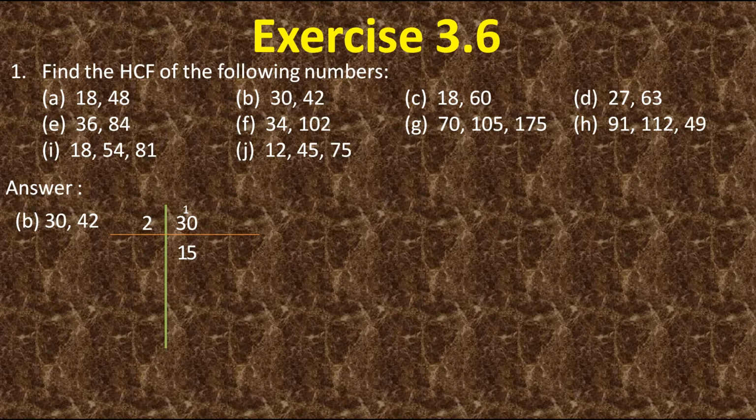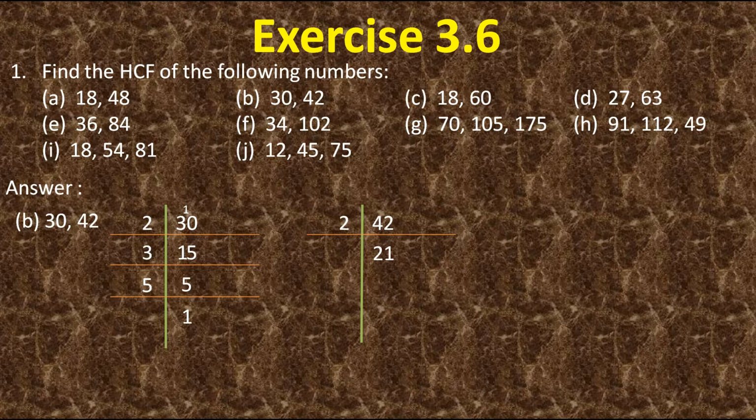Yeah, we can divide it. Therefore 3 5s are 15. Now the next prime number is 5 only. Therefore 5 1s are 5. Okay, now let's find the prime factorization of 42. 2 2s are 4. 2 1s are 2. Now 21 is an odd number.